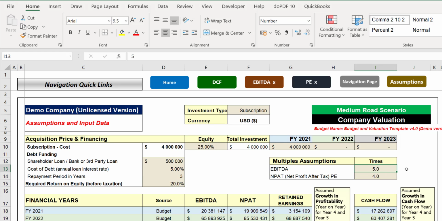In terms of multiples, there are two multiples that we use here, the EBITDA multiple and the NPAT multiple, the net profit after tax, which is your PE multiple. In order for you to determine what a reasonable multiple would be, you'd need to do some research on similar companies in similar countries to you, as there may be published information in terms of what kind of multiples they might have derived from transactions.